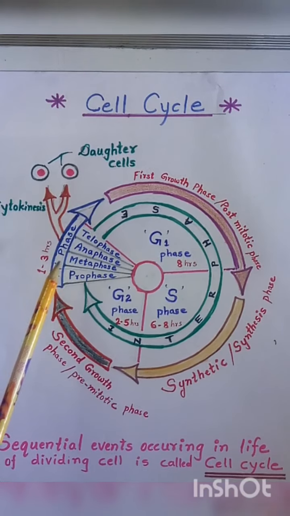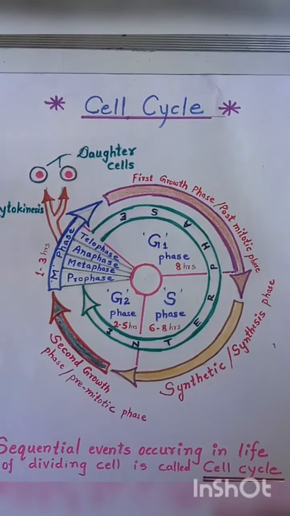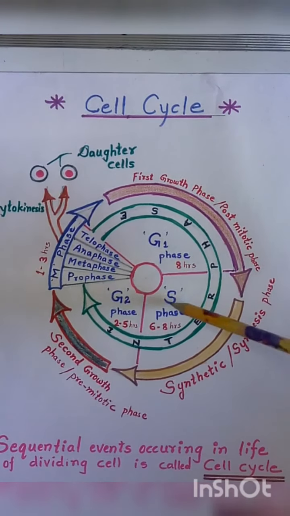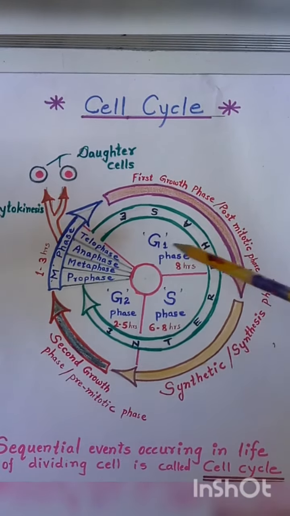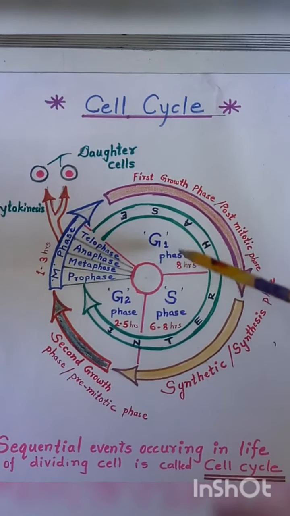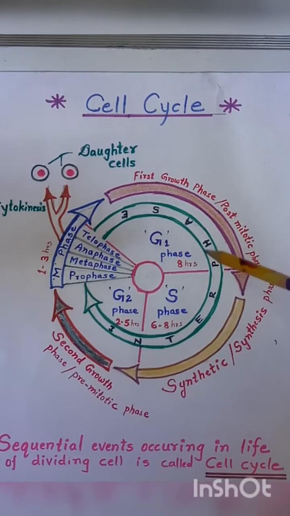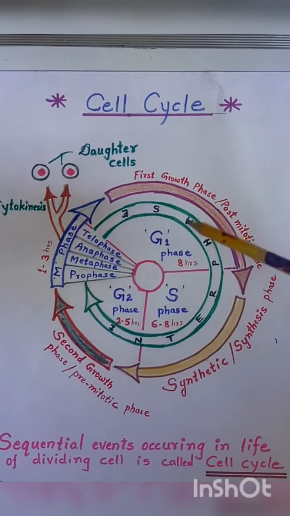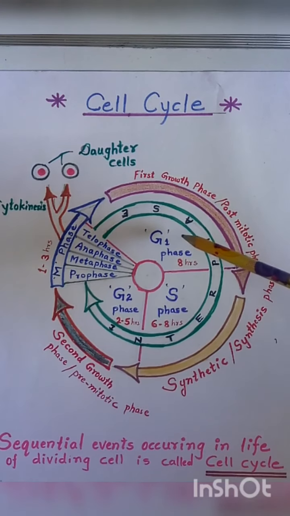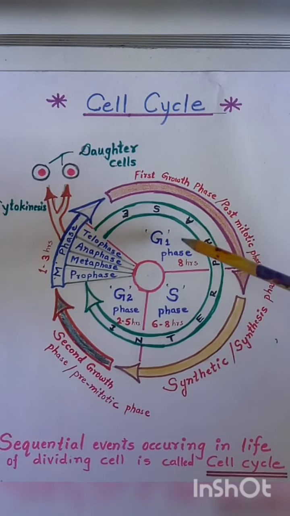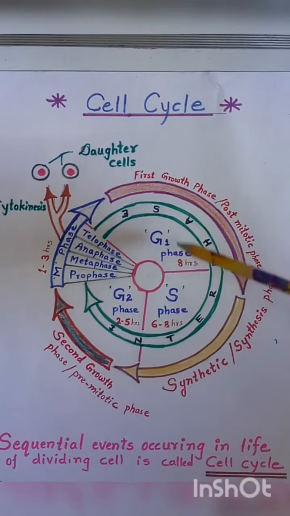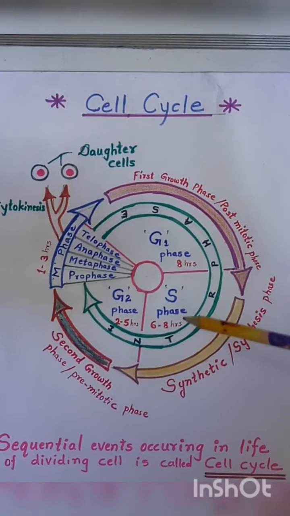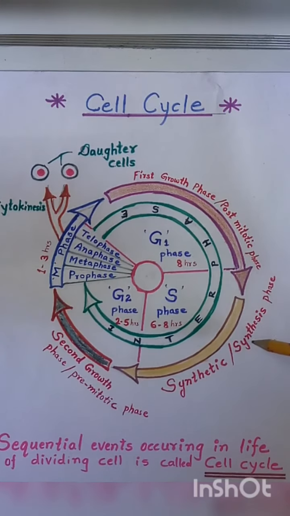But first we'll see the important events that take place during these three stages. In the G1 phase of interphase, synthesis of proteins, that is enzymes, takes place, and synthesis of energy molecules required for the process of cell division also takes place. S phase, the name itself indicates synthesis.